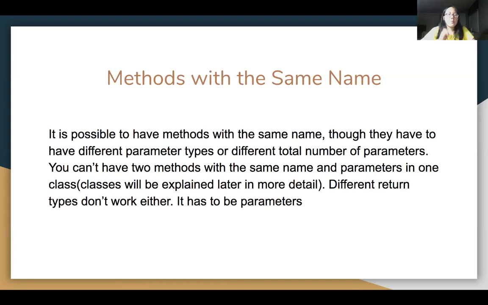So you can't have two methods with the same name and parameters in one class. Classes will be explained later in more detail. Different return types don't work either, so it has to be parameters. This is just something to keep in mind if you're going to create multiple methods with the same name.